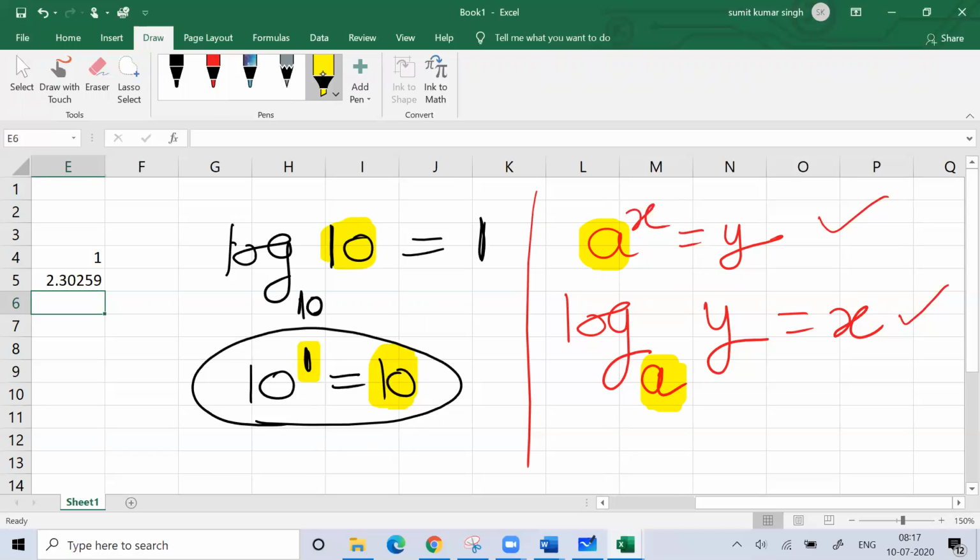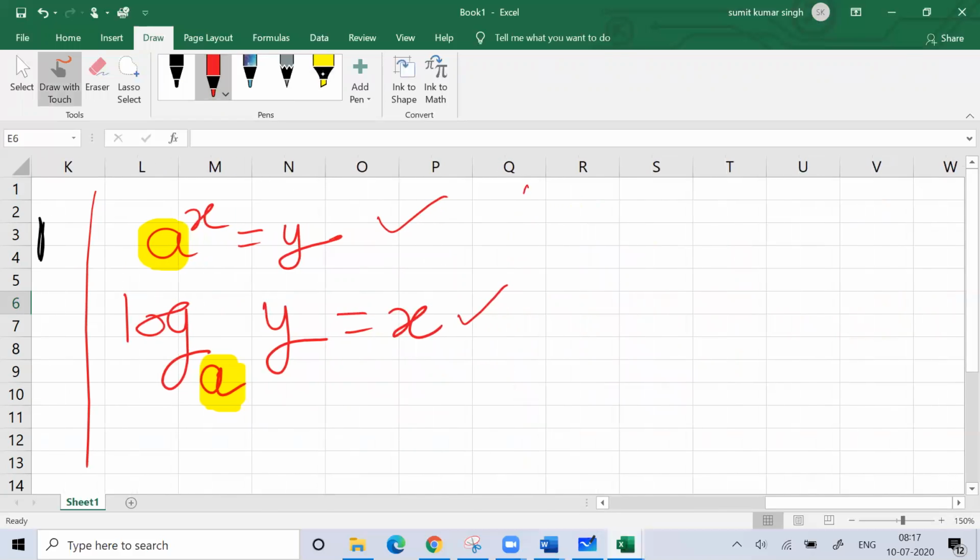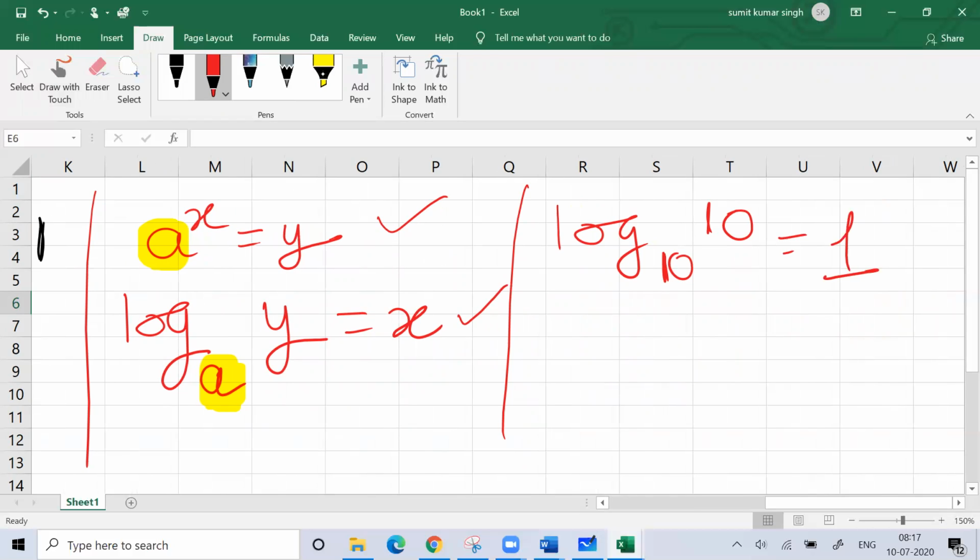So you can understand why I got a value 1 here, because log base 10 of 10 is equal to 1. Whenever I'm asking you log 10, here the base is also 10. So it means what power of 10 will give me 10. The answer is 1 only. If I ask you what is log 100, it means what power of 10 will give me 100.